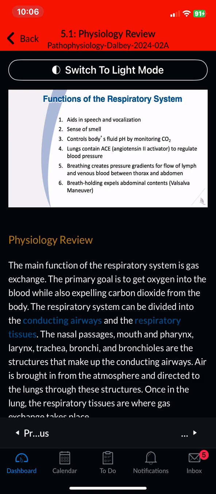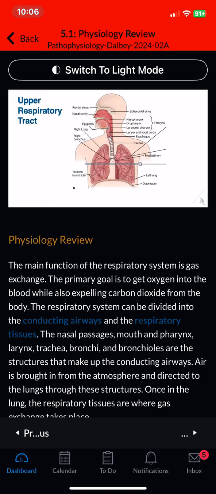In the lungs, there is an enzyme called angiotensin converting enzyme, an angiotensin II activator, and that helps to regulate our blood pressure. Breathing creates pressure gradients for flow of lymph and venous blood between the thorax and abdomen. And then also holding our breath can help us to expel abdominal contents. That's called the Valsalva maneuver. For instance, that's used in labor or birth and also for bowel movements.